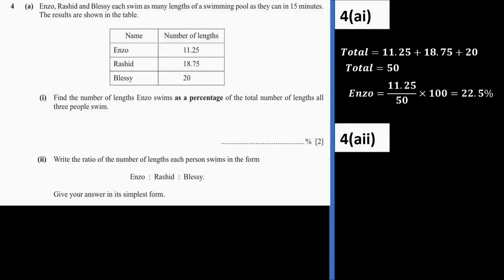So let's move on to question 4AII. Here we are asked to write the ratio of the number of lengths each person swims in the form Enzo ratio Rashid ratio Blessy. So now what we are going to do is to just use E for Enzo, R for Rashid, B for Blessy, and we line up their number of lengths.